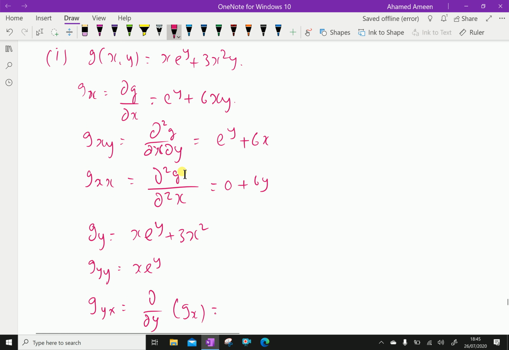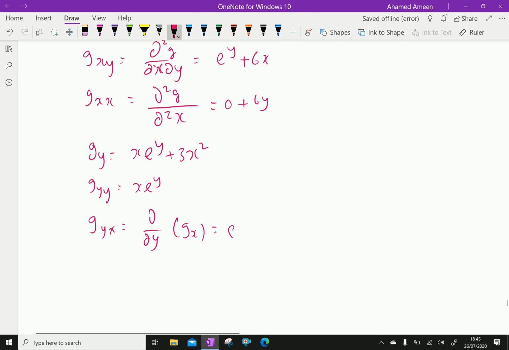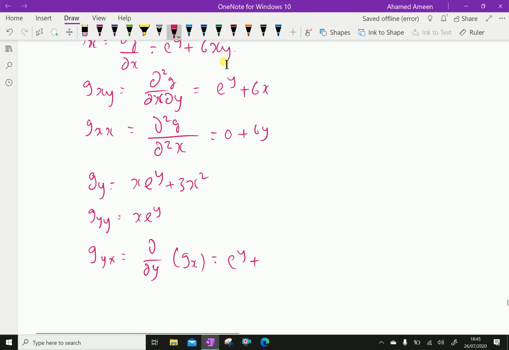So with respect to y, e power y plus derivative of 6xy with respect to y is plus 6x. So g of yx we have e power y plus 6x. This is the first question.